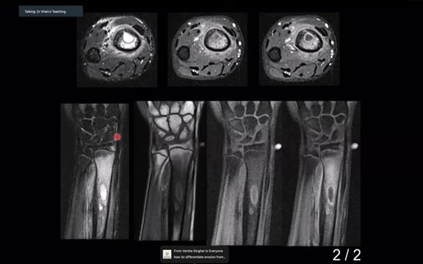So this is a T1 weighted sequence. This is a STIR sequence. And this is a fat saturated T1 weighted sequence. Please remember, whenever we do contrast, we have to do a pre-contrast fat saturated. On post-contrast, you can see this rim enhancement.